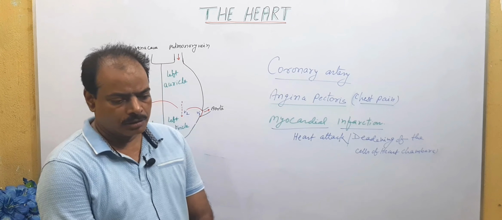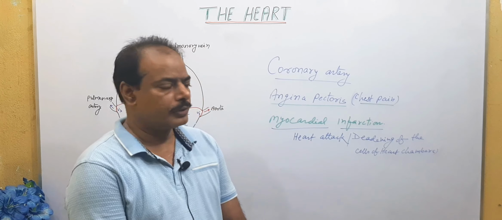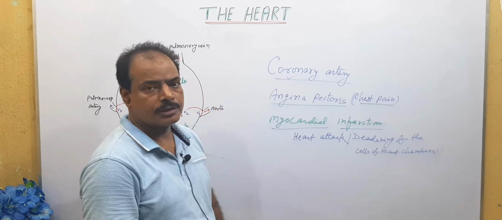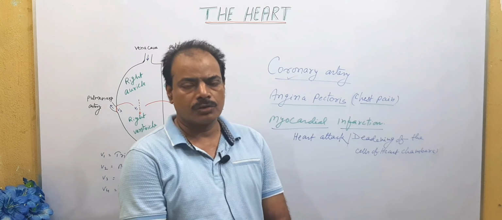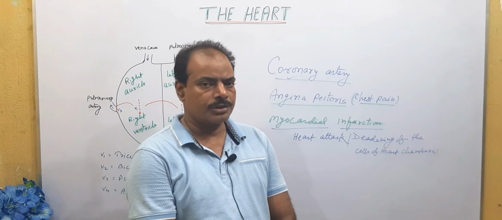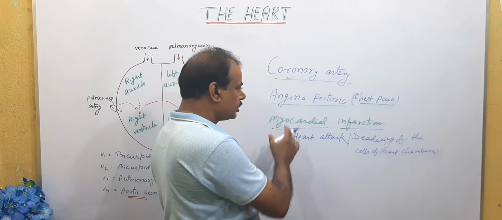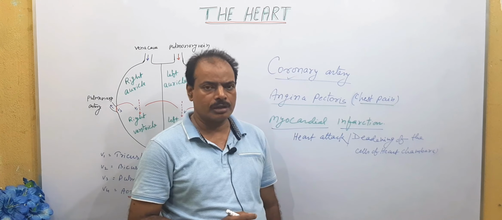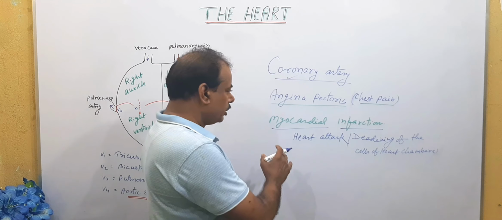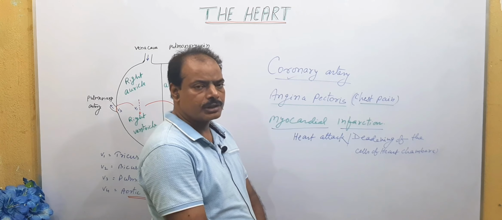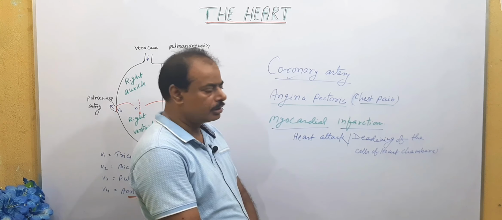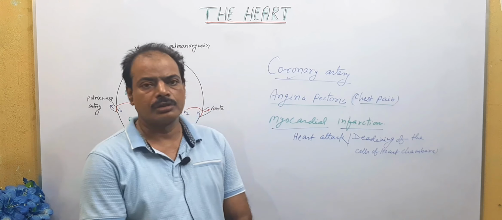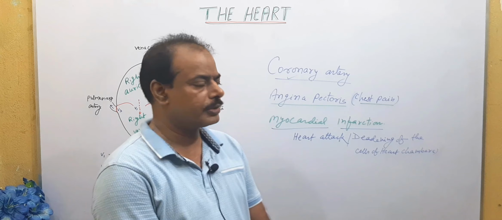Sometimes the inner wall of coronary artery gets deposited by cholesterol or bad cholesterol, and it causes narrow lumen of the coronary artery. It causes insufficient supply of blood to the heart chambers or the septa of heart chambers.